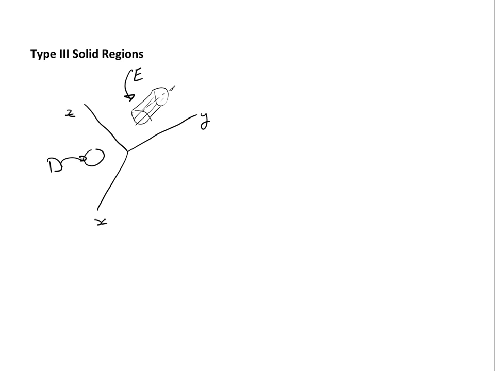That means this continuous function here is giving me this top surface, so to speak. U2 is going to be a function of xz, whereas U1, also a function of xz, would represent this bottom surface.